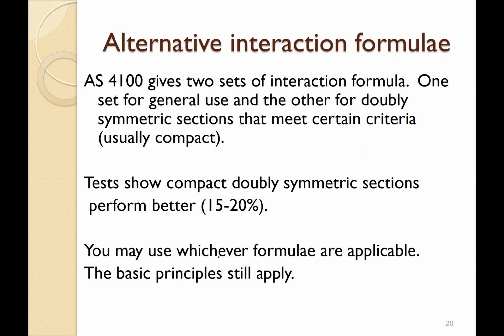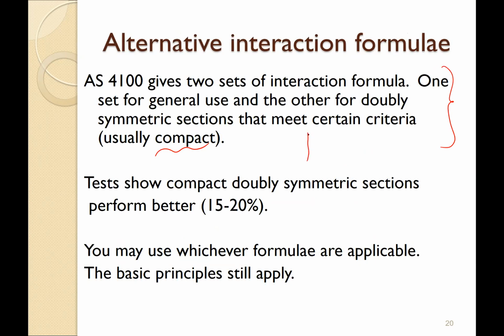Now AS4100 gives two sets of interaction formula. One is for general use and other for doubly symmetric sections that meet certain criteria. That means compact section. If you recall, compact section means such sections where if you increase the load, it can go up to full plastic capacity. That's why they are called compact sections.